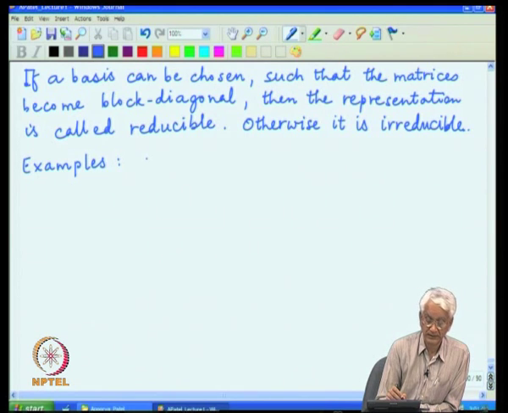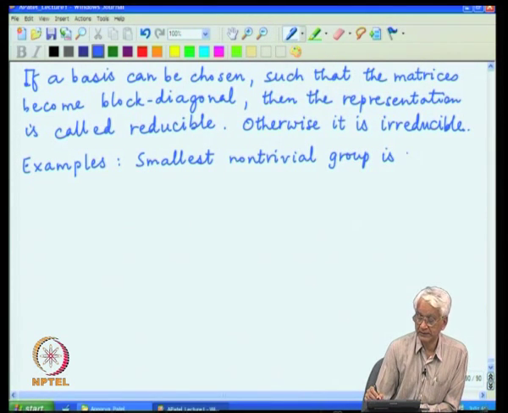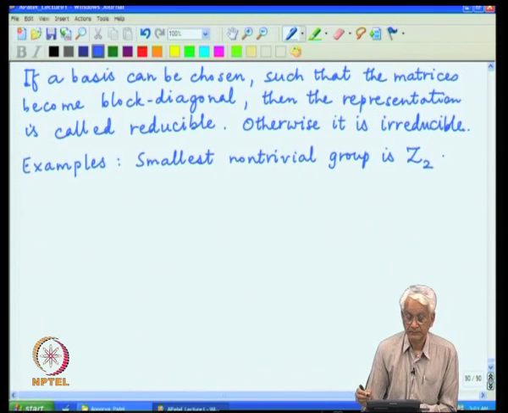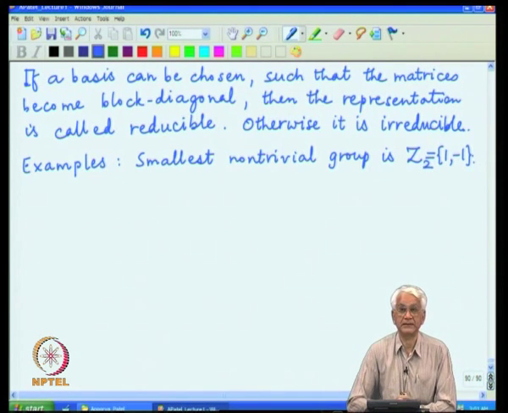So, the smallest non-trivial group is a set of two elements often referred to as Z2, and it can be represented by two numbers +1 and -1.